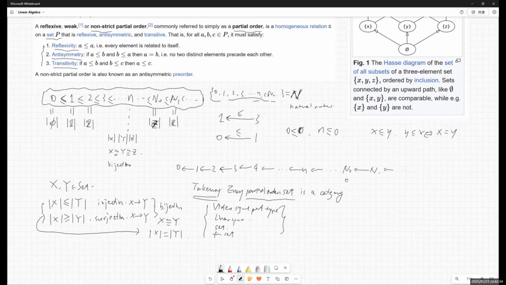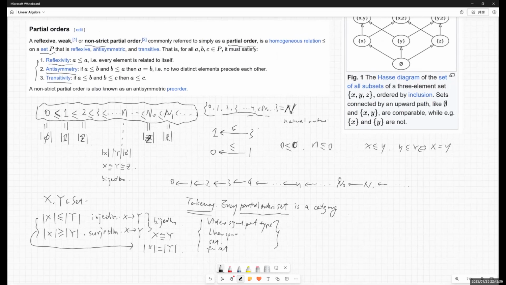If we have a partially ordered set, every element of the set is an object. Element as object. Second, the partial order as arrow.